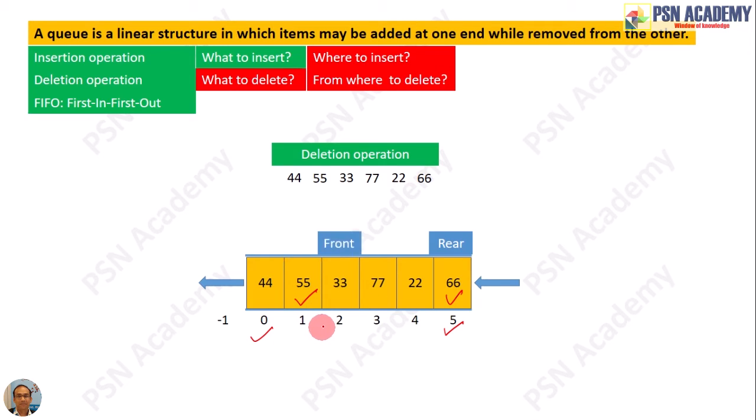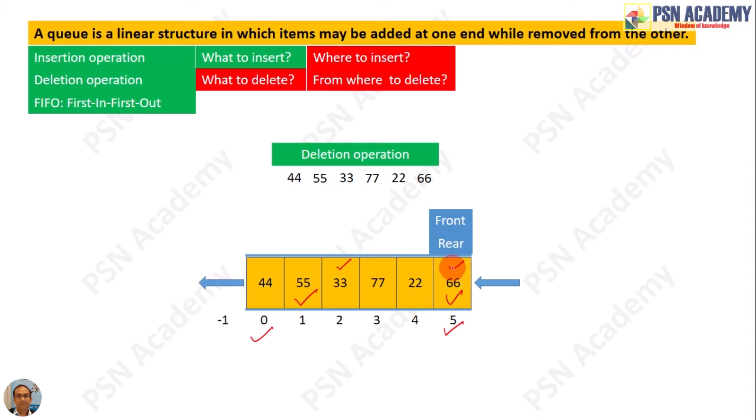Further operation you do, the front goes to index 2, so that your queue will be starting from here and ending over here. In this way, you can increment front by 1 and it will be considered as a deletion operation. The data, of course, will be there inside these cells, but these data are invalid because front is standing at 5 now and rear is also standing at 5.